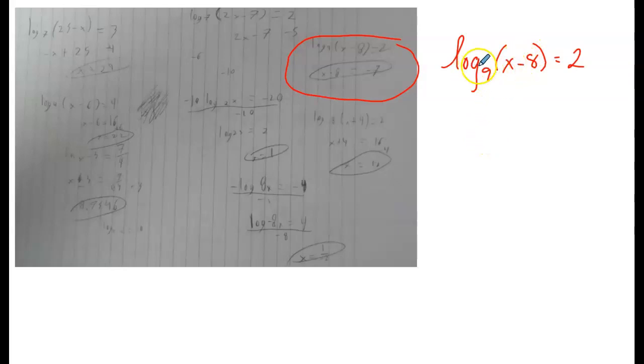So in order to get the argument of this log removed from the log expression, you have to exponentiate both sides with the base of the log. So 9 raised to the log base 9 of the quantity x minus 8 then is x minus 8 by the inverse property, and 9 squared is equal to 81, right? So this would not be a -7. Then we're going to add 8 to both sides to get x by itself, and x is equal to 89.